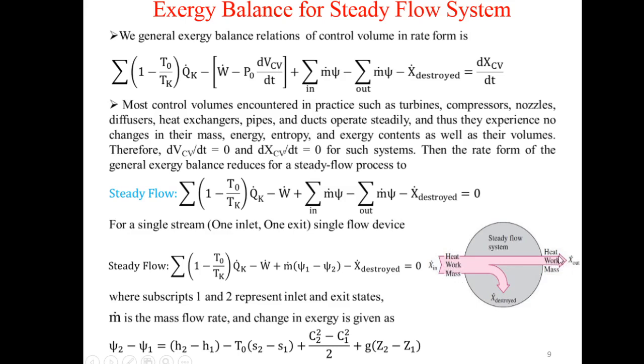Exergy out will be heat, work and mass. And what is destroyed is the exergy destroyed, where subscripts 1 and 2 represent inlet and exit states. The mass flow rate is m dot, and the change in exergy is given by this formula. We have already done this. This is the change in exergy per unit mass.